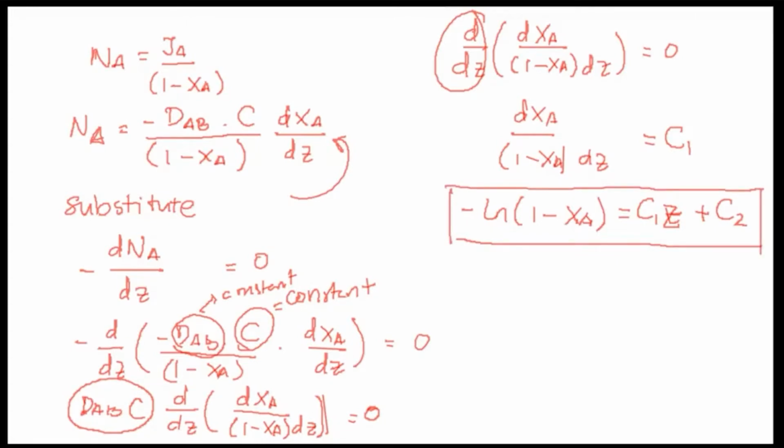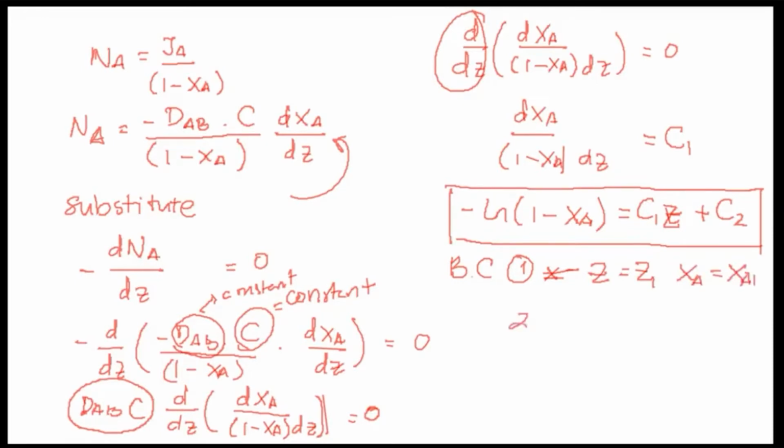Now we need the boundary conditions. We need two. The first one, at z equal to z1, xA is xA1.